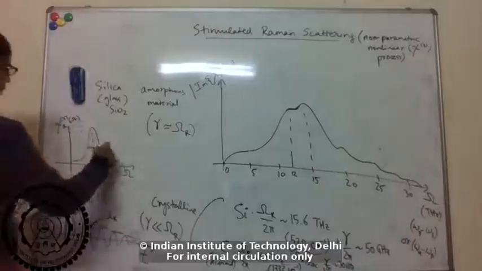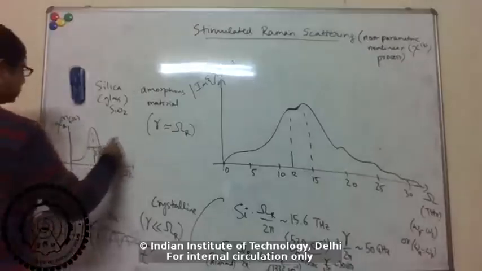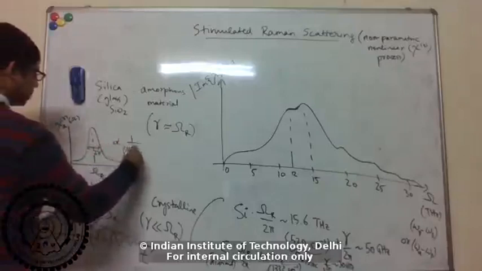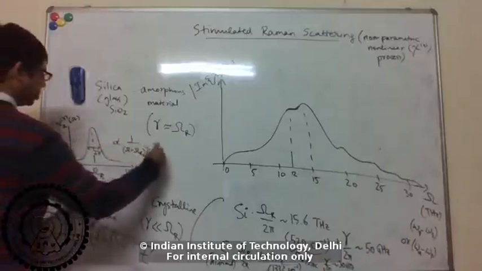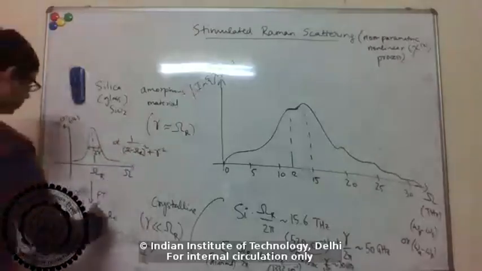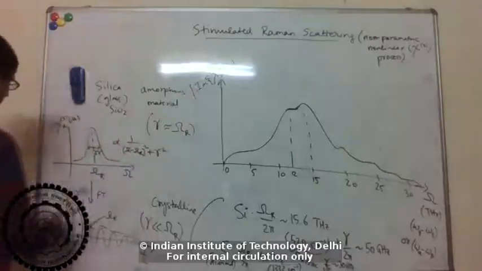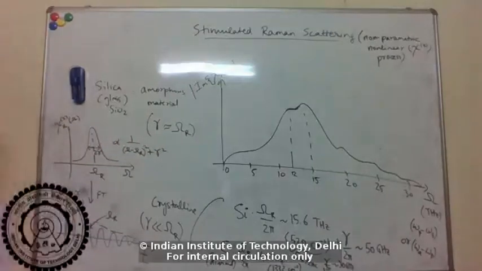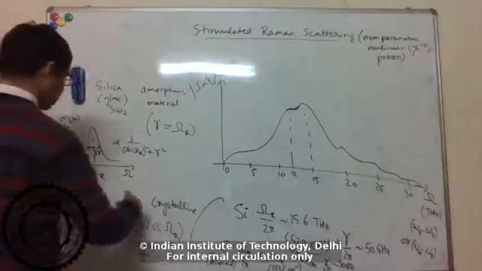For this Lorentzian shape, this is proportional to 1 over omega minus omega r squared plus gamma squared. You can get this time domain response function, the Raman response function, which is called HR of t.